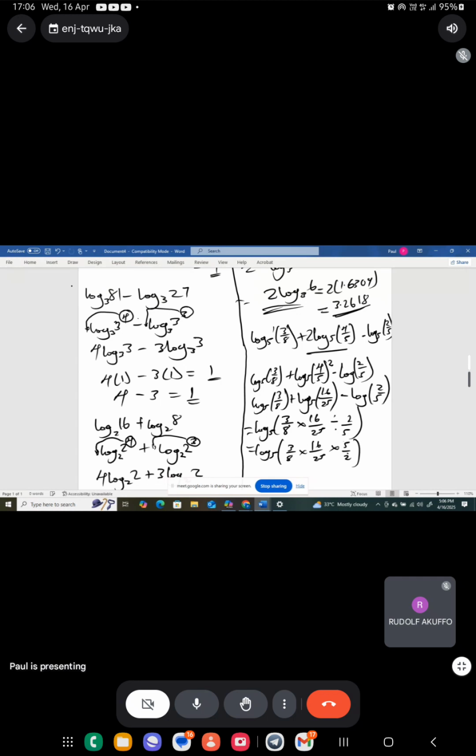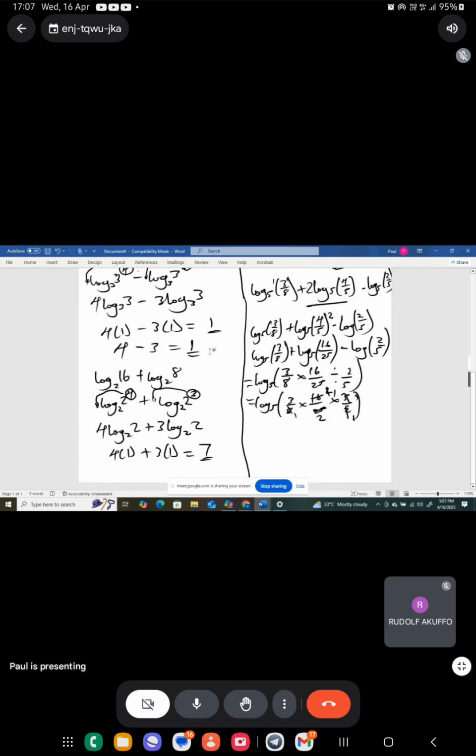From here, 8 will go into 8 once, and into 16 twice. 5 will go into 5 once. Now 2 will go into itself once. So we'll be left with 3 and 2. So therefore, our final answer becomes log base 5 of 3 over 2.